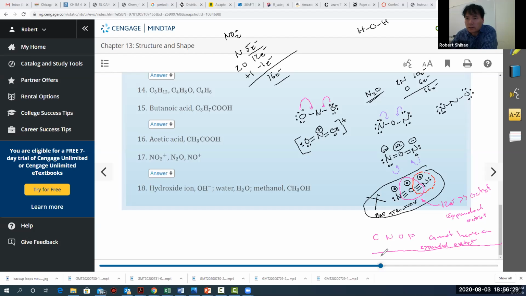However, if you go below that, phosphorus, sulfur, chlorine, and below, etc., sometimes can have an expanded octet. And so an expanded octet means just more than 8 electrons.